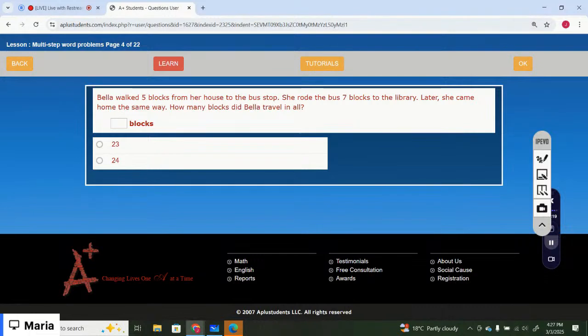Bella walked 5 blocks from her house to the bus stop. She rode the bus 7 blocks to the library. Later she came home the same way. How many blocks did Bella travel in all?